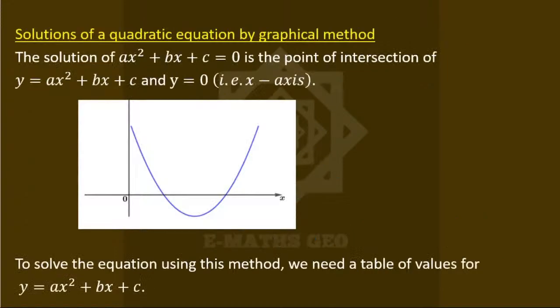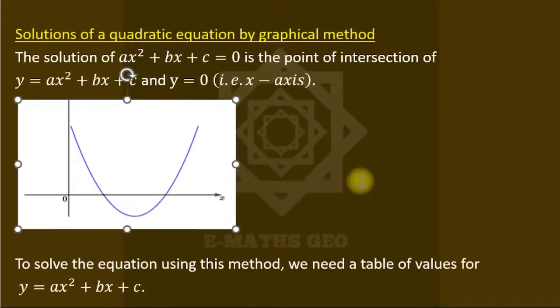So this is concave up. Our main aim is that it must intersect the x-axis. This is the y-axis, and this curve is y equals ax squared plus bx plus c.